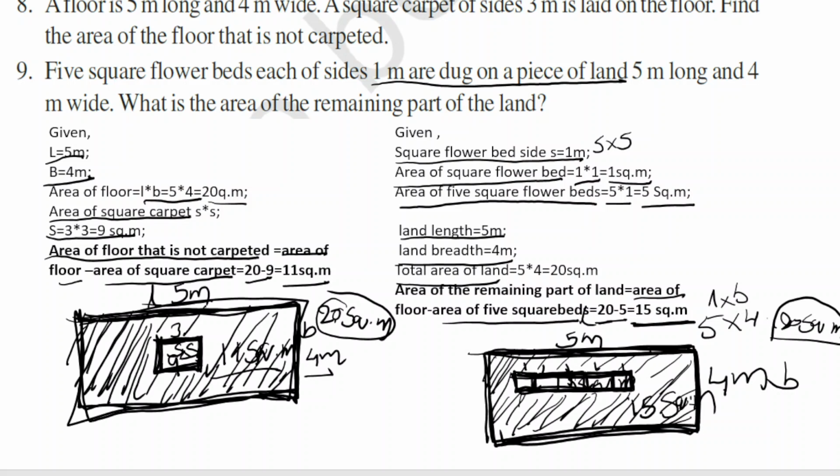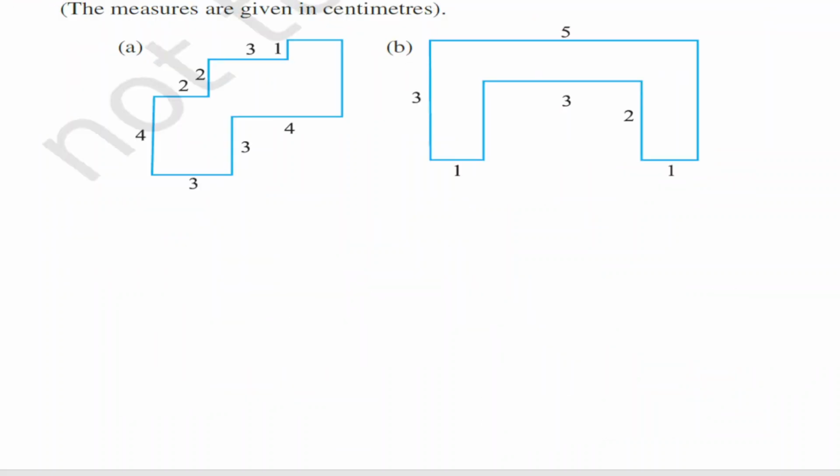And coming to the next one, by splitting the following figures into rectangles, children, we need to split these figures into rectangles and find their areas. Children, we know that area of the rectangle is equal to length into breadth.